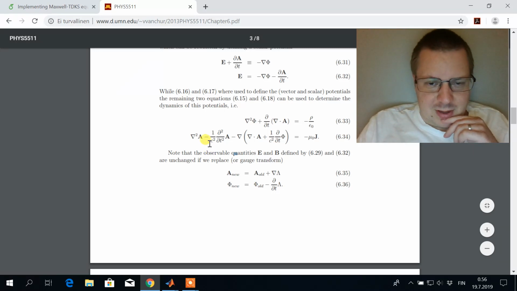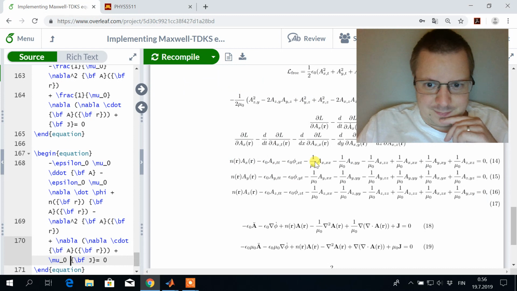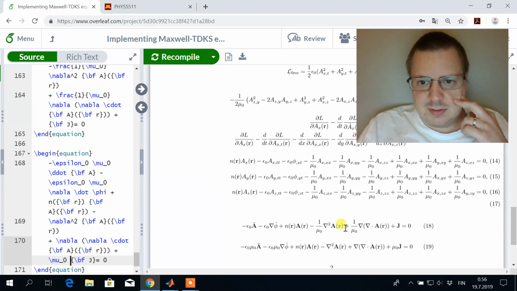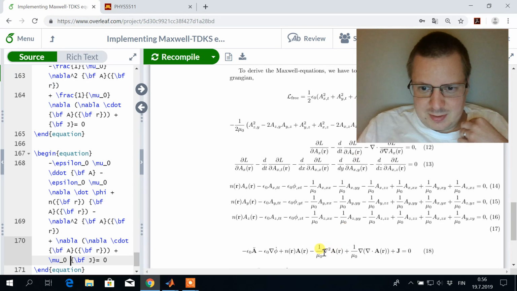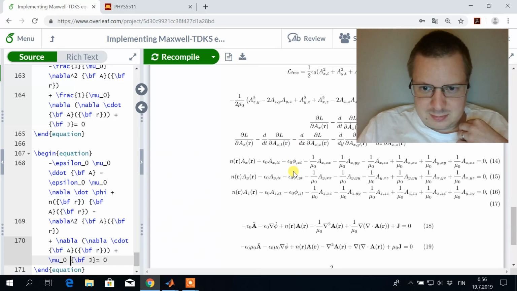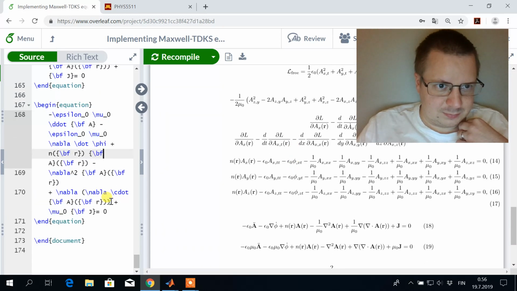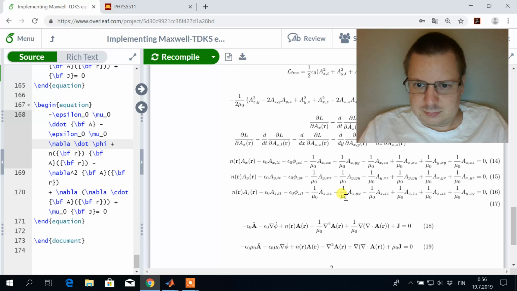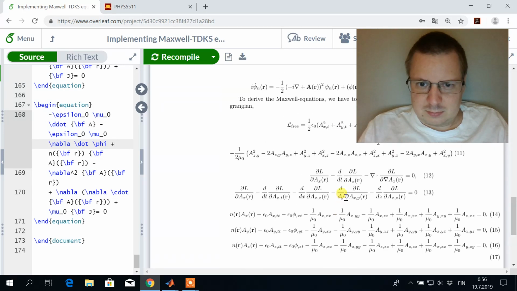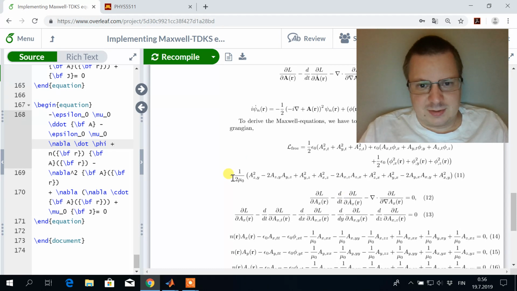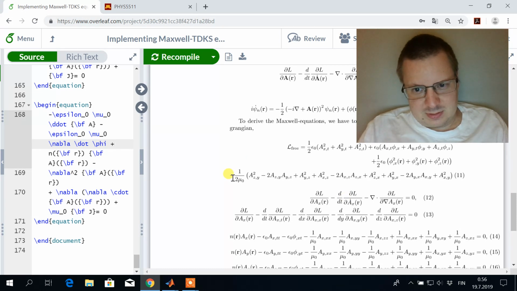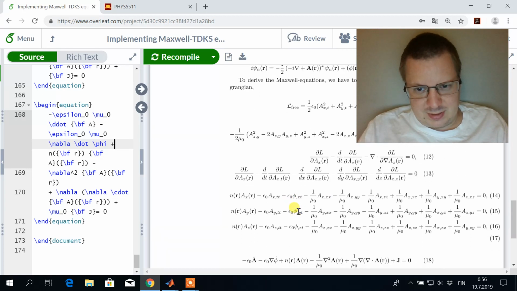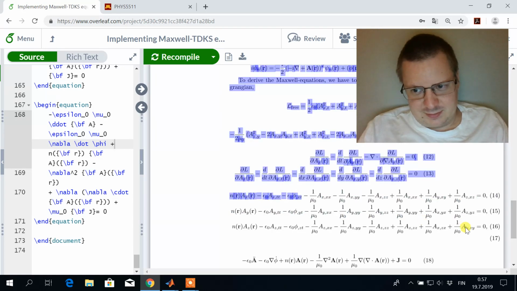We have minus second derivative and nabla squared, and here we have minus and minus, so there might be something wrong. Here's minus nabla, and there's one minus from here. So yes, these signs are wrong. No, wait. There's one minus here and one minus here. So that should cancel. So all the signs are wrong here.